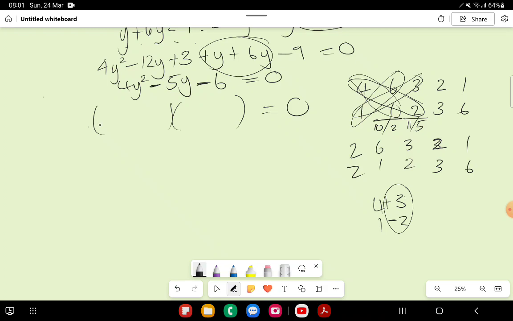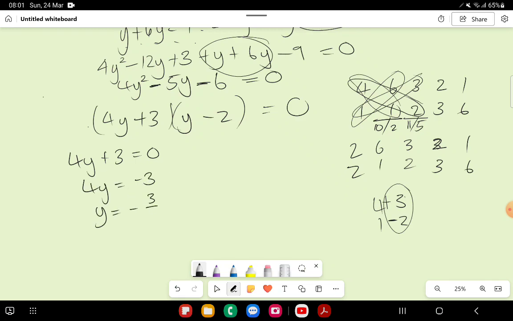That works for me. So 4y plus 3 and y minus 2 equals 0. This means that 4y plus 3 equals 0, 4y equals negative 3, y is equal to negative 3 over 4, or y is equal to positive 2.